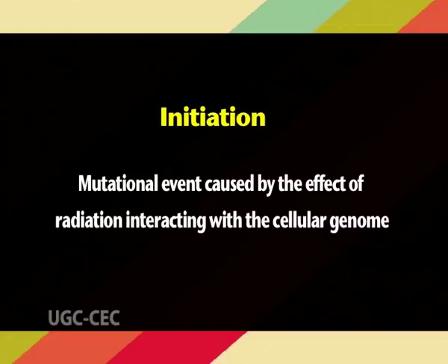The accepted theory states that the induction of cancer by exposure to radiation takes place in 3 steps. The first step is initiation, which is a mutational event caused by the effect of the radiation interacting with the cellular genome. This may involve a single gene or multiple genes on one or many chromosomes and may involve the activation of an oncogene or the mutation and subsequent activation of tumor.